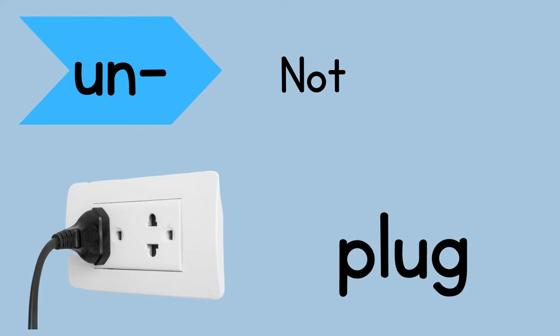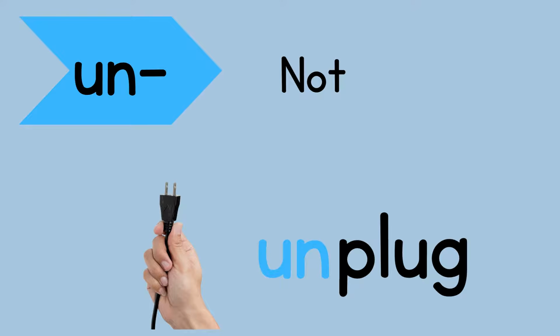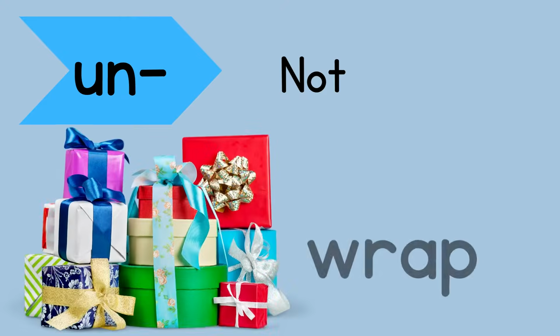Our last prefix is the one we discussed earlier, un. Any idea what un means? It means not, just like dis and in. Here's the word plug, but when we add un in front, it becomes unplug, not plugged in. Next is wrap.